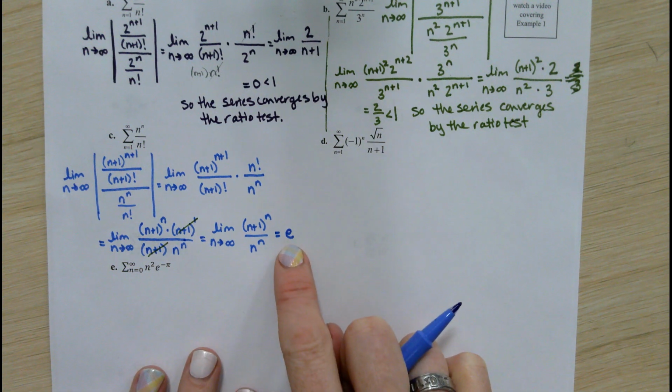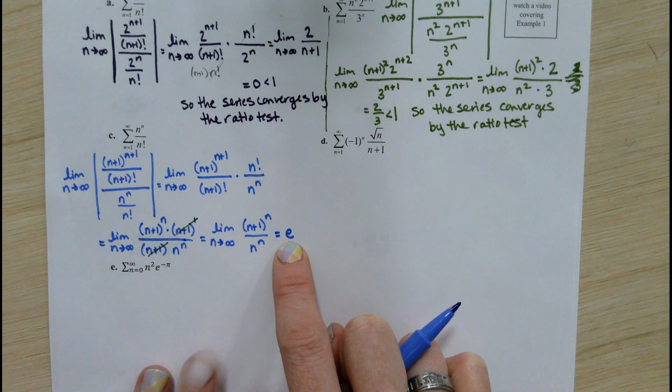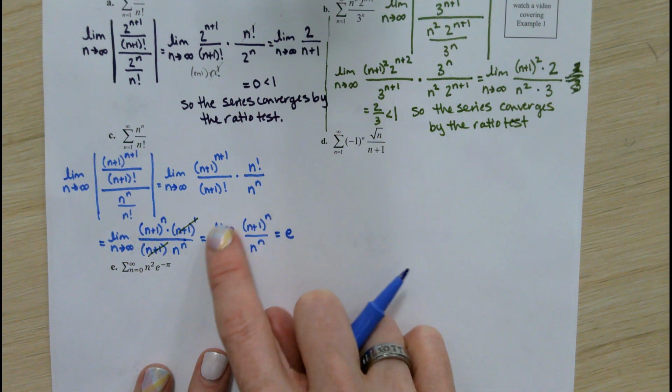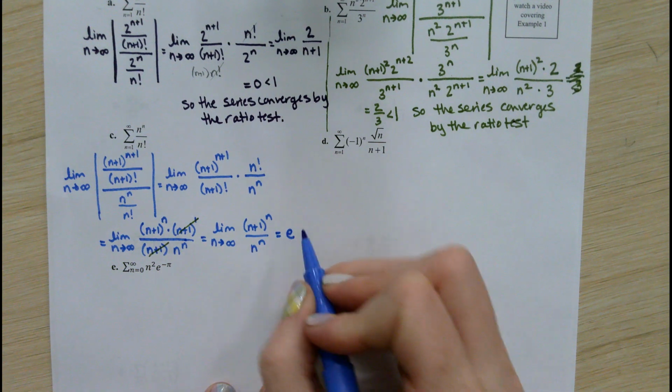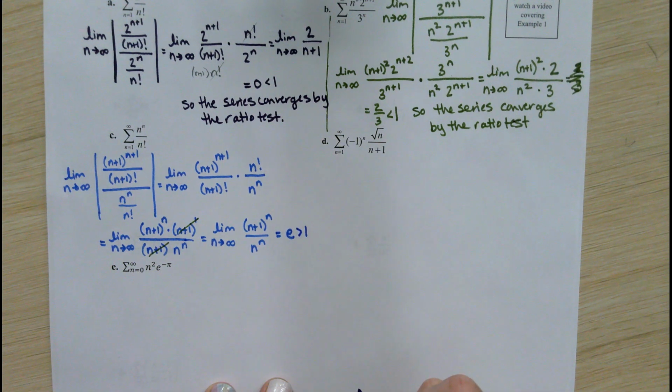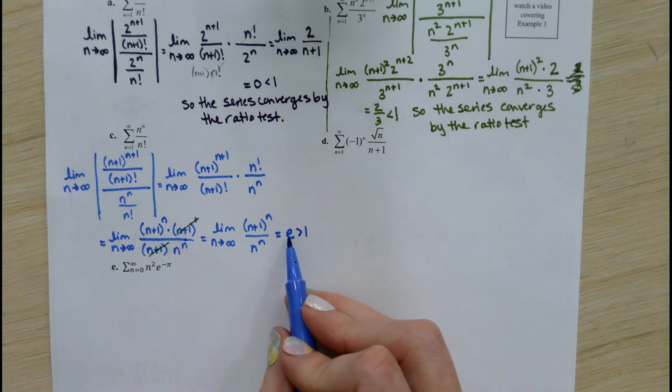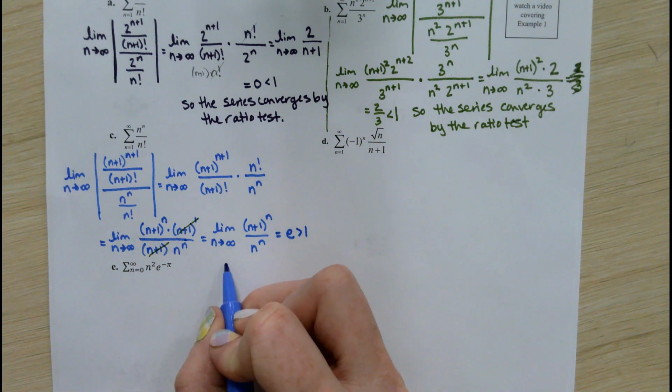That gives us the answer to compare to our 1 to see what's true about this series. So would this be a series that you would see on your test? Probably not, because you're not going to memorize necessarily that that's equal to e, but it is something that pops up every once in a while, and it makes it a good example for us. e is greater than 1, and when we're in a situation where the ratio test produces a result greater than 1, that means the series diverges.